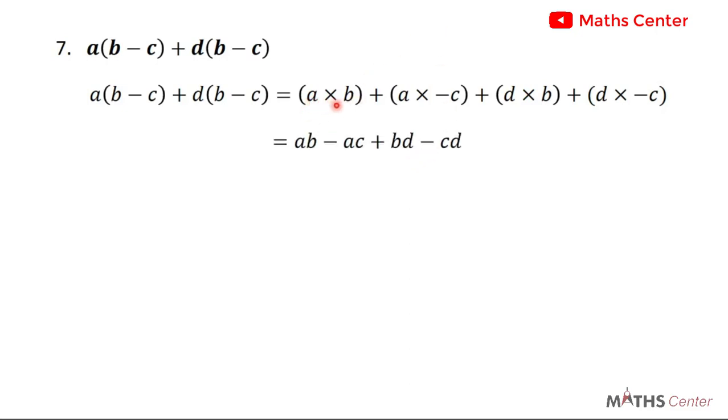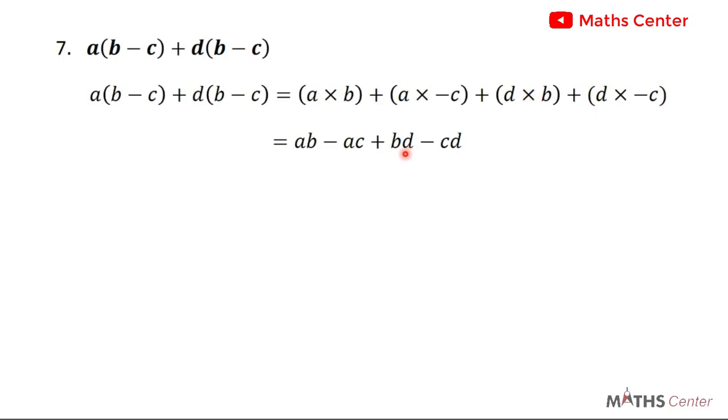Now we've learned from multiplication of algebraic expressions that a times b is going to give us ab. Now a times minus c is going to give us minus ac. So from here we can see that we have plus here, and what is in the bracket is giving us minus. We have learned that when plus and minus meet in that way, it changes to minus. So minus ac. Then plus d times b, that's going to give us bd.